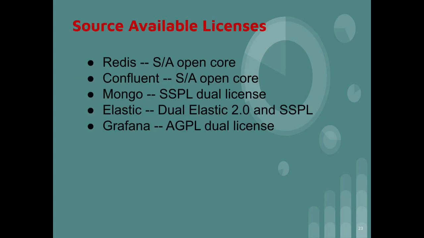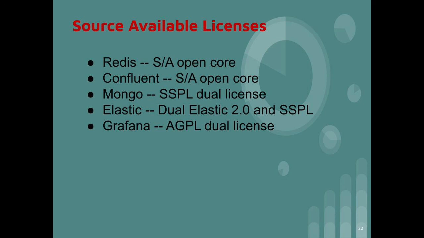To give you some context for this, here is a list of companies that you probably recognize, and I wanted to talk a little bit about their licensing models. If you look at a company like Redis or Confluent, those are companies that are deploying an open core model. So their core is under a permissive license, and the rest of the software is under a source available license.